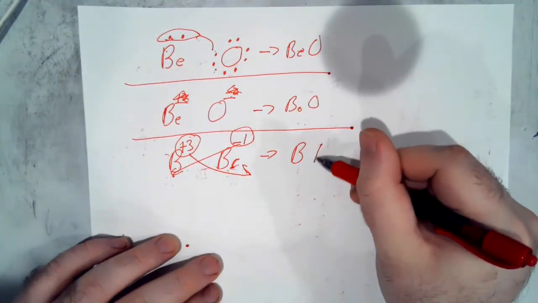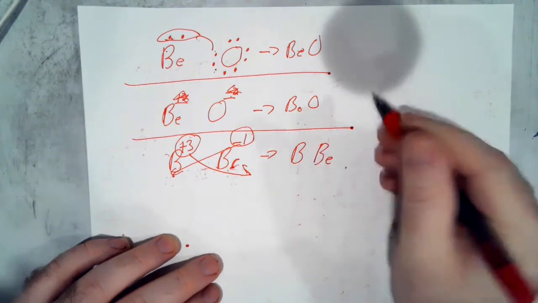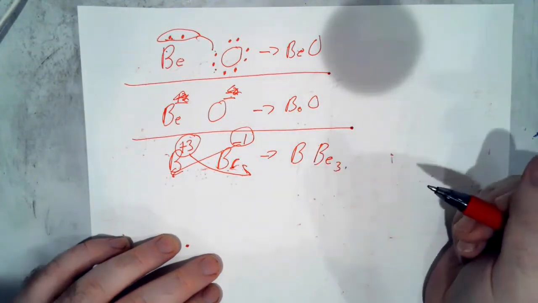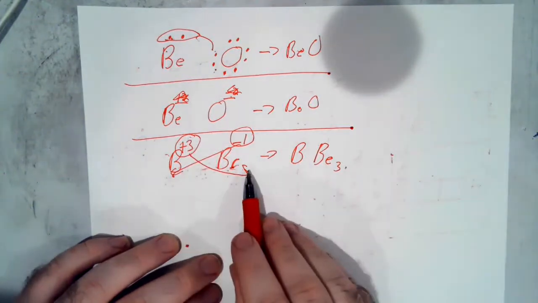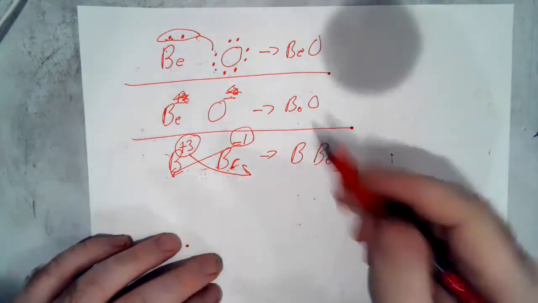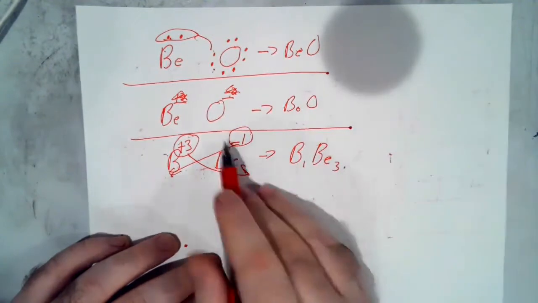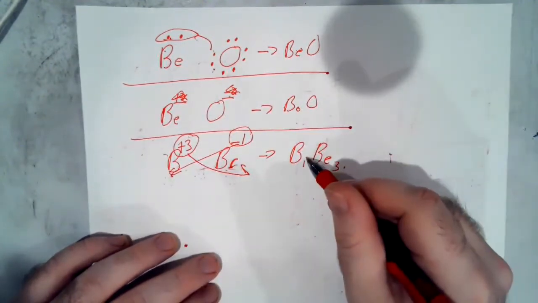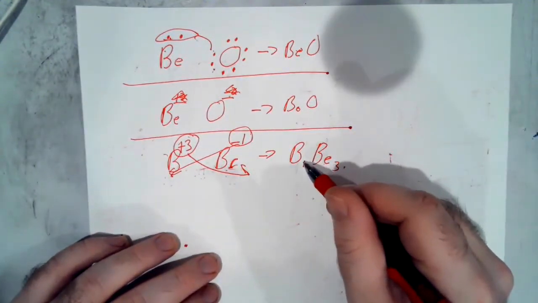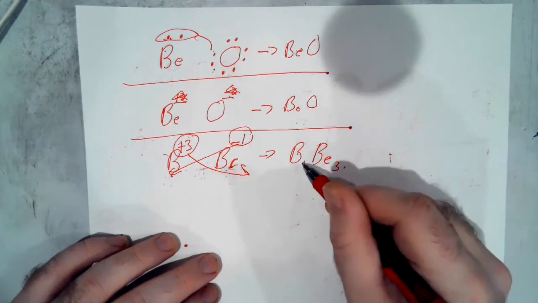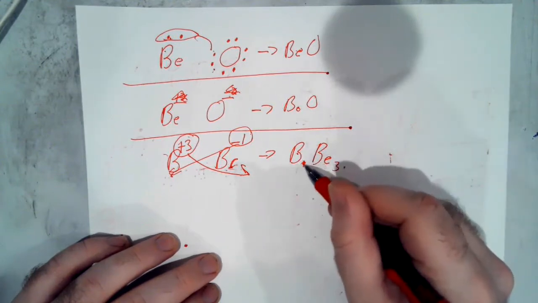And I'm going to write Br3 because that 3 transferred over here. Now, what would happen if you did write this, right? It would transfer that 1. Well, this would be what we call redundancy. We know that there's at least 1 boron there. We can see it clearly, so you don't have to write that 1.